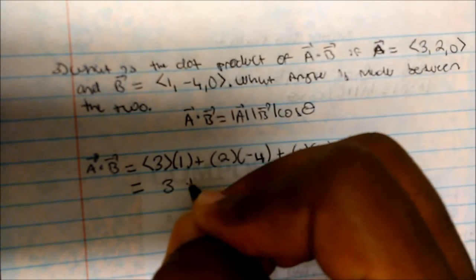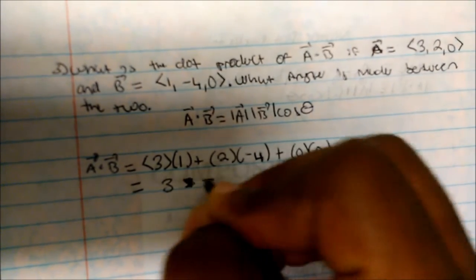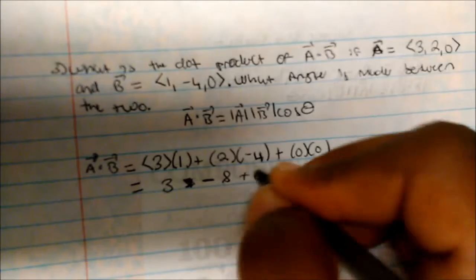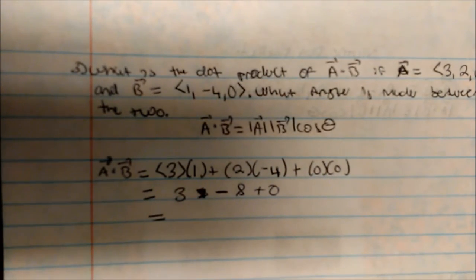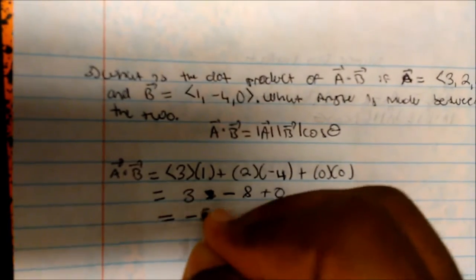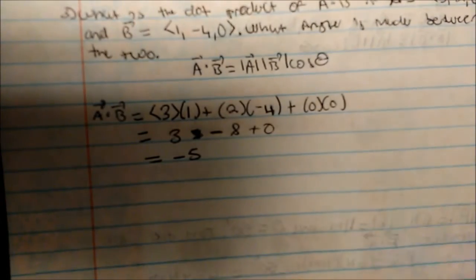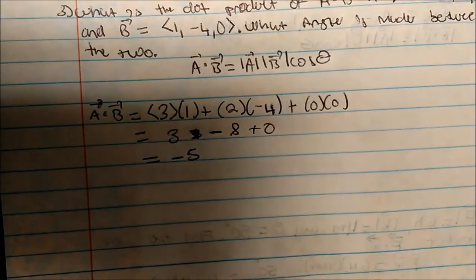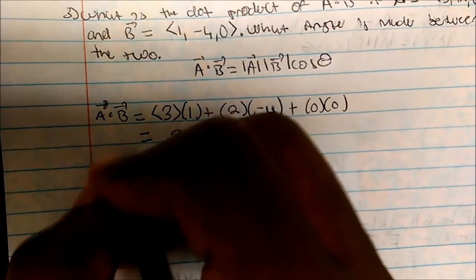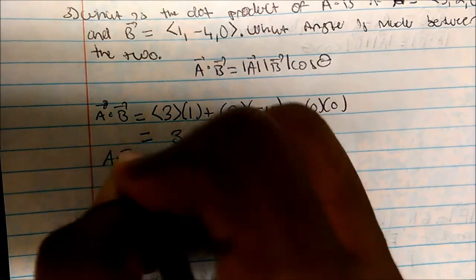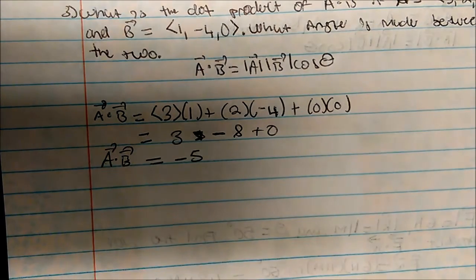Okay, so this becomes 3 minus 8 plus 0. So 3 minus 8 is what? Negative 5. So we know that A dotted into B is equal to negative 5.